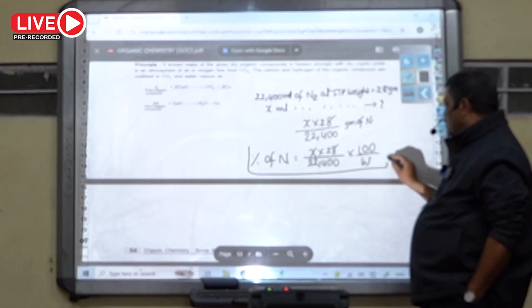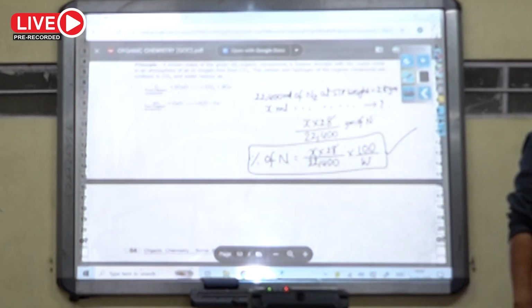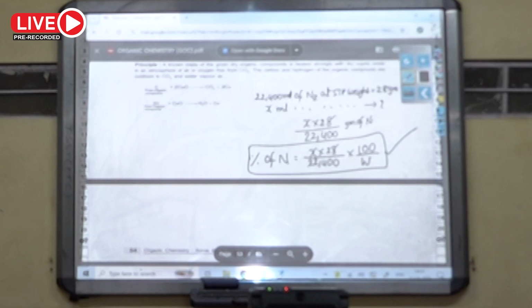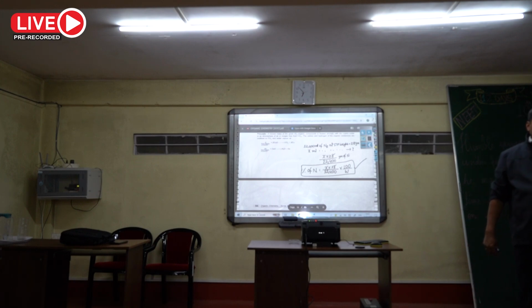So students only should know this point. Students should know only 2 points in Dumas method, 2 or maximum 3. So what students should know? In Dumas method, nitrogen is estimated in the form of free nitrogen, N2. You should know that point.